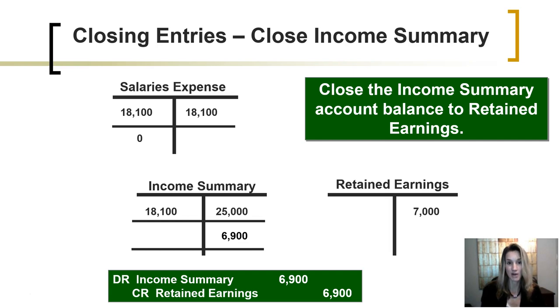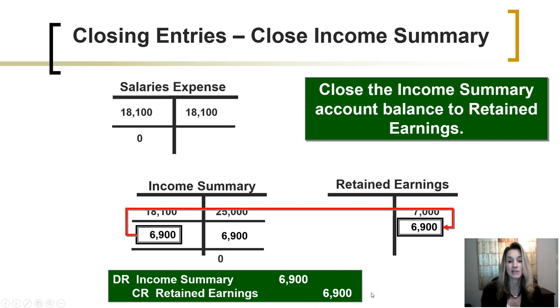To get rid of that credit balance, we are going to debit it, and we will transfer the amount of net income to retained earnings with a credit, thus increasing retained earnings by the amount of net income for the period, and income summary, which was just temporarily used during the closing process, is now 0.